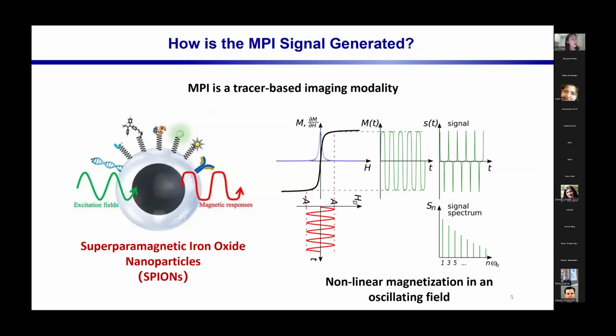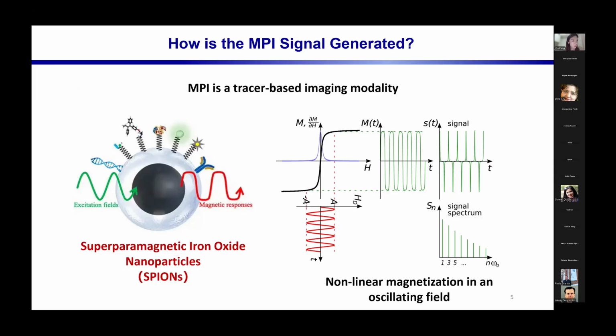Okay. So how does MPI actually work? First of all, unlike CT or MRI, which look at the body's anatomical structure, MPI is a tracer-based technology, and in that sense is actually more like positron emission tomography, or PET imaging.